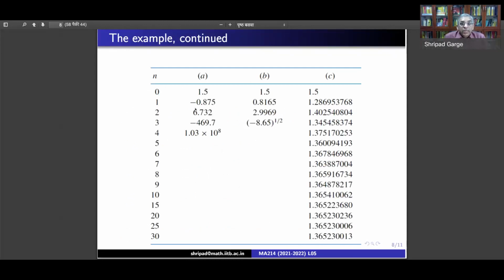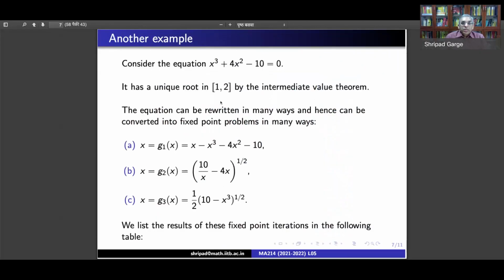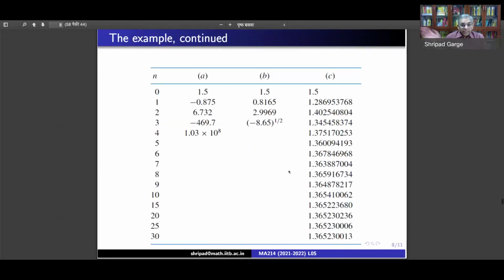But when you iterate g1 on x equal to 1.5, at the first instance you go to minus 0.875. So we have gone outside 1 comma 2. 1 comma 2 is our interval, and g1 takes the iterate outside of that.